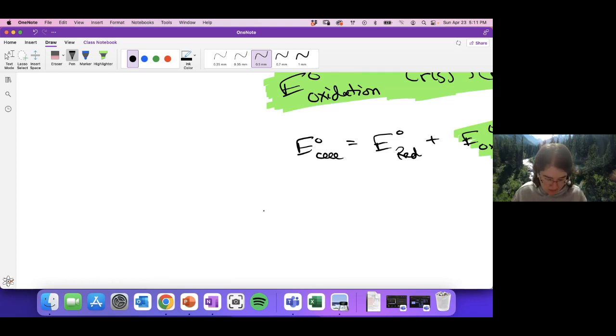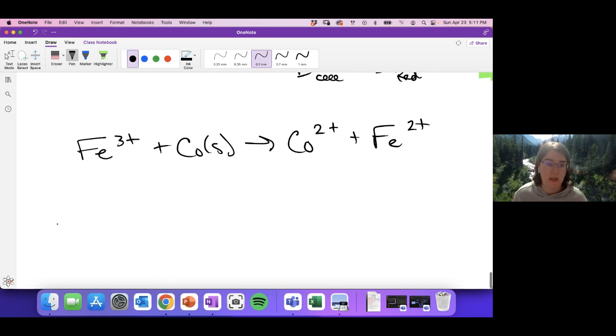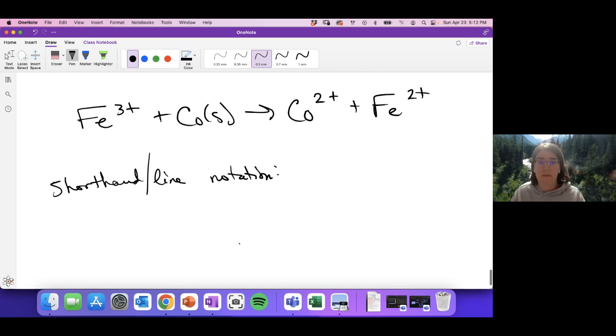If we had a different reaction, I'm going to write this one: iron 3 plus, cobalt solid goes to cobalt 2 plus, iron 2 plus. And what I actually want to do now is write the shorthand or the line notation. It would help if I wrote aqueous in here.